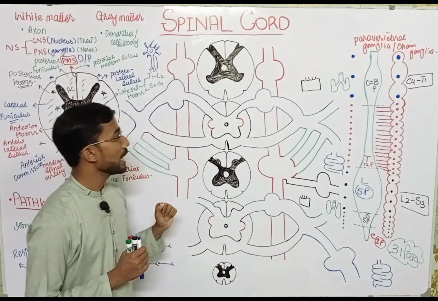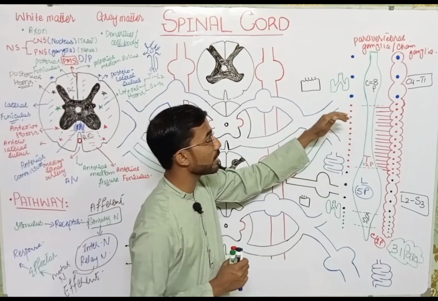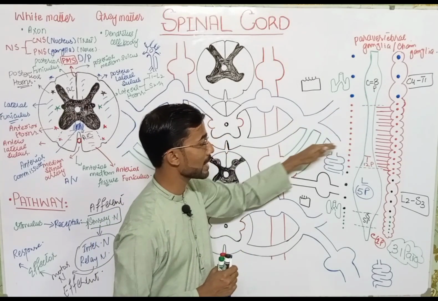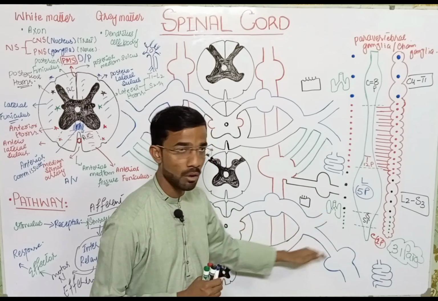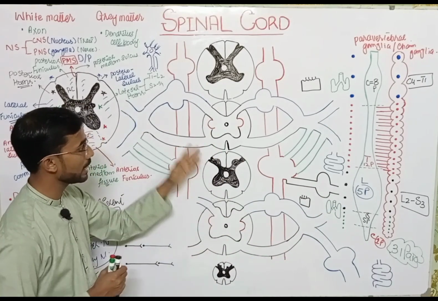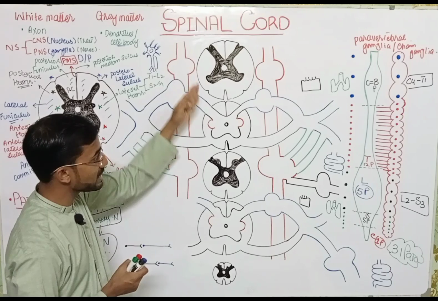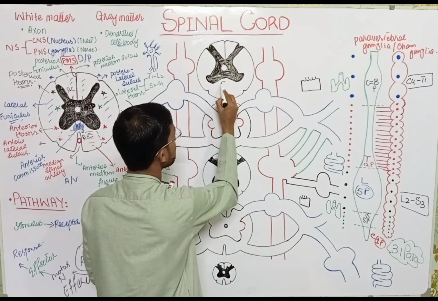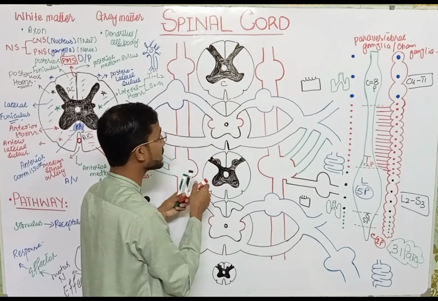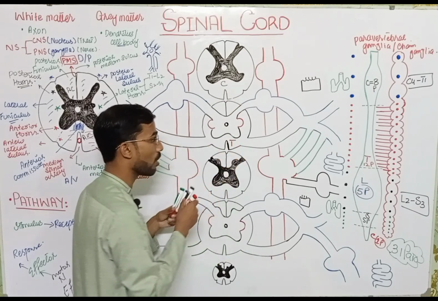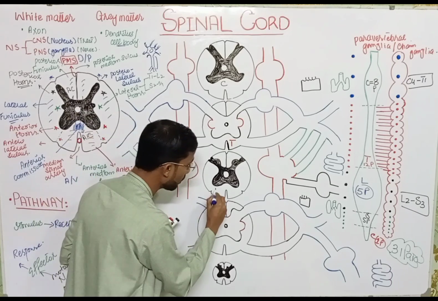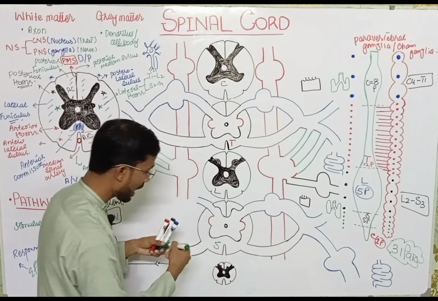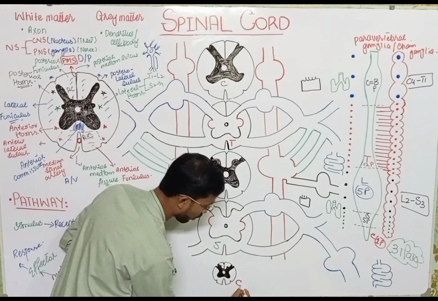Next, if we cut the spinal cord into different segments, from the cervical, thoracic, lumbar, sacrum and coccyx, you see different sections of the spinal cord. This section is from the cervical region, this from the thoracic region, this from lumbar, this from the sacrum, and this from the coccyx.